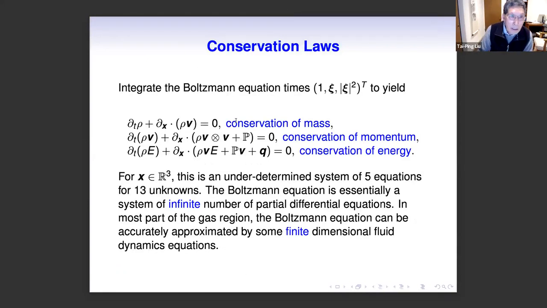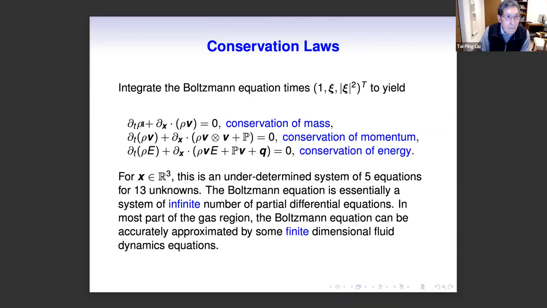You just integrate the Boltzmann equation times 1, and then you get conservation of mass. Times c, you get conservation of momentum, and then there's energy. But this is the equation in 3 space dimensions. There are 5 equations. However, there are 13 unknowns.